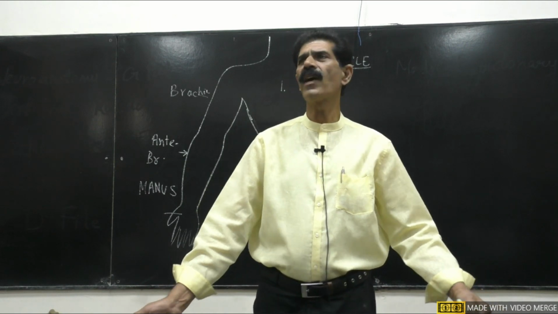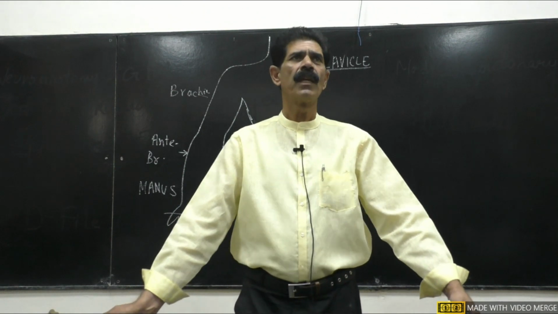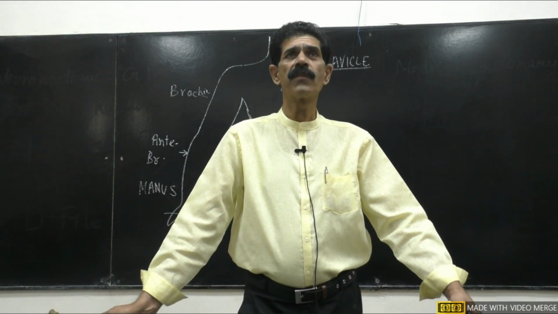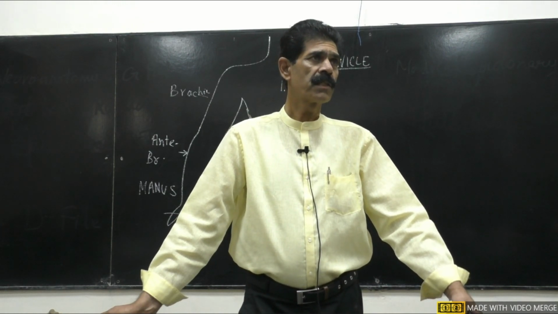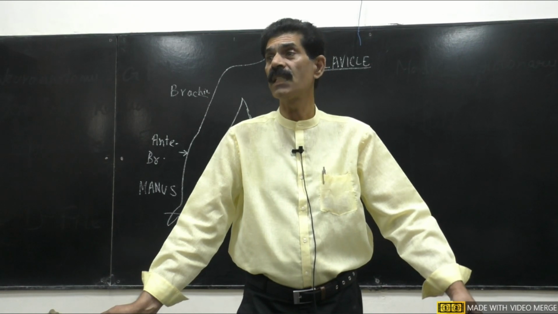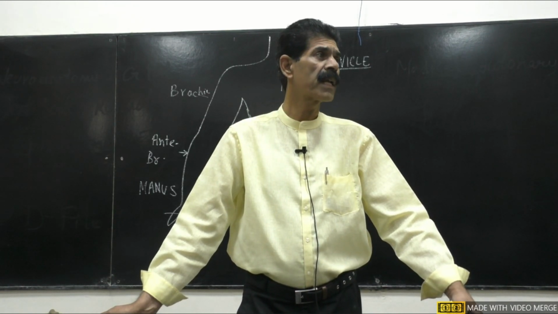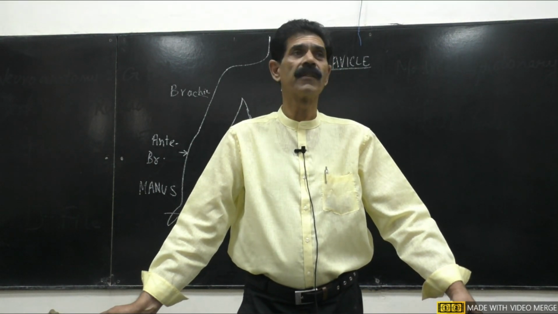So the question arises, when does it start ossification or solidification in the human life? So it starts ossification in the intrauterine life. Still the baby is only 4 to 5 weeks. Only 4 to 5 weeks, 1 month pregnancy, and the clavicle bones start solidifying.